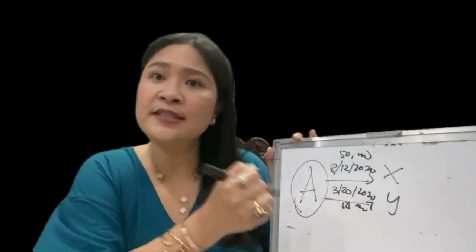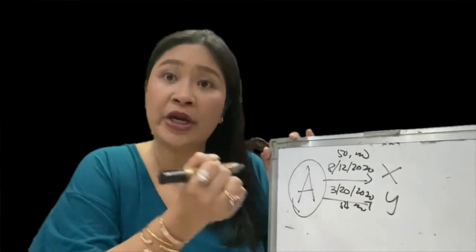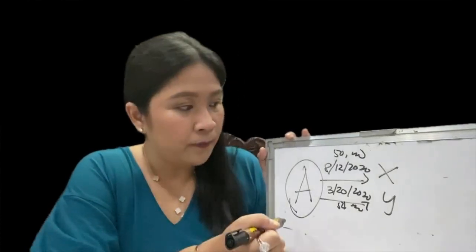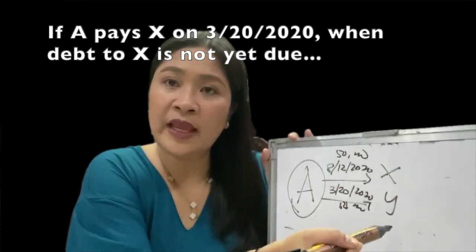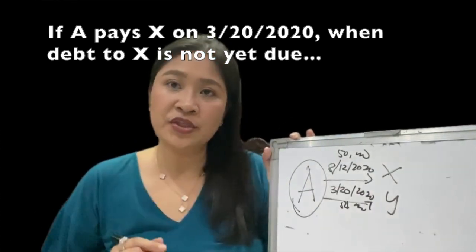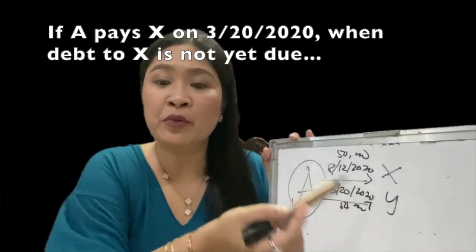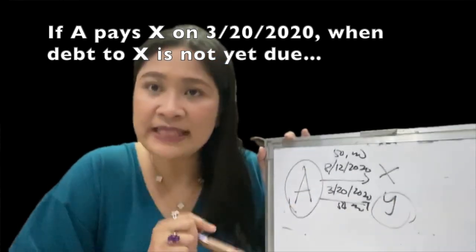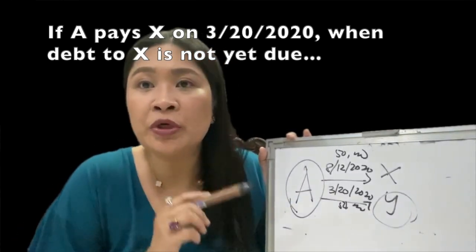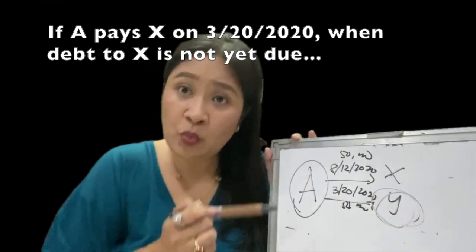Okay. A is insolvent. Again, we said he need not be judicially declared as such. Now, if A pays X, okay, the law tells you that that payment may be rescinded by Y. Why is that? Because it's a premature payment. And it will disadvantage. Why?